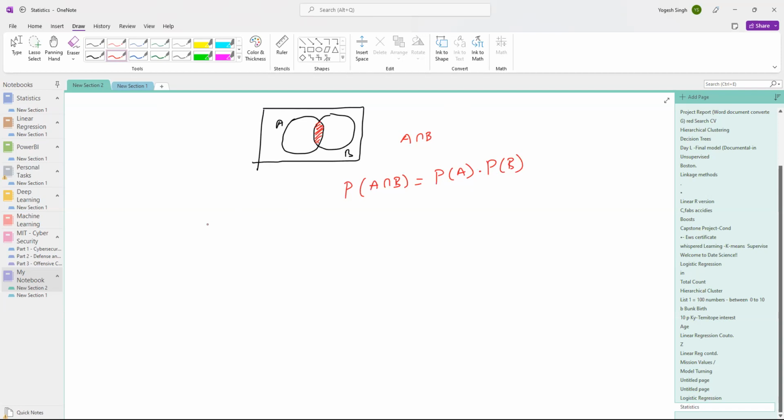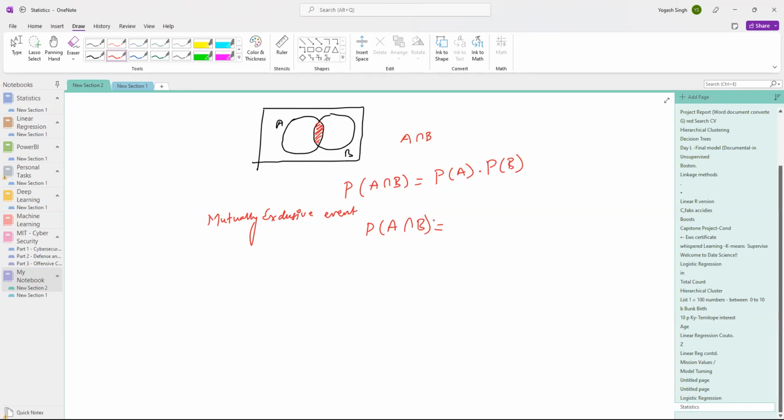Now, if I ask you, in case of mutually exclusive events, what should be the value of P(A intersection B)? If the events are mutually exclusive, what is the probability that both of them will occur together? 0.